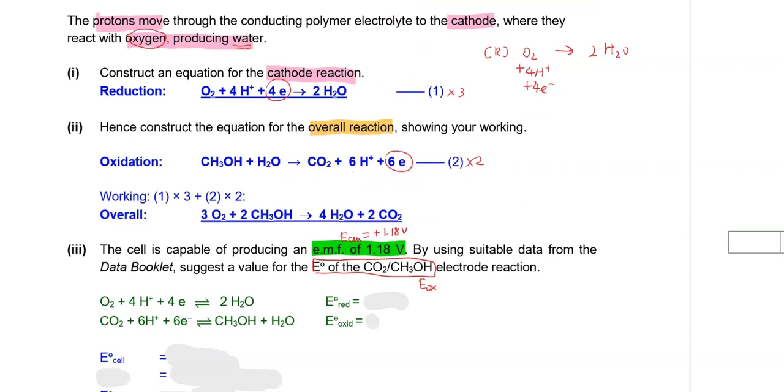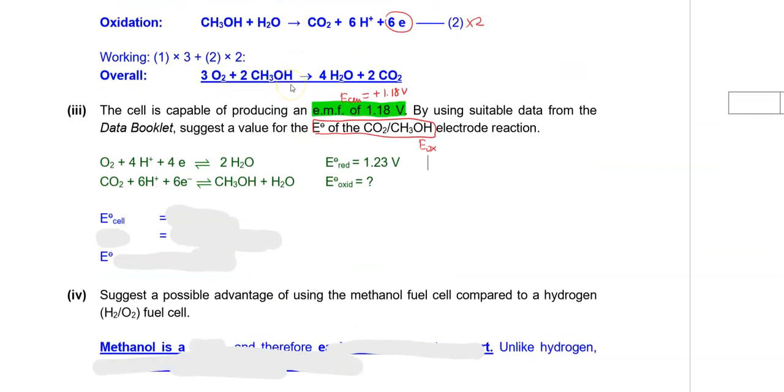O2 and H2O is a reduction, so it's 1.23 volts. This is the unknown. So we substitute 1.18 into here. E reduction we know is 1.23 volts. Apply the formula, E reduction minus E oxidation. Substitute the values. Your E naught for CO2, CH3OH is positive 0.05 volts.